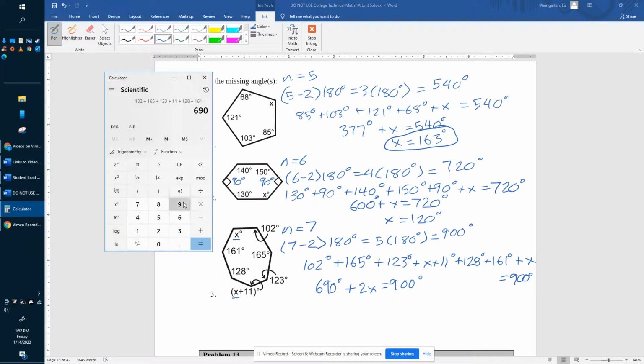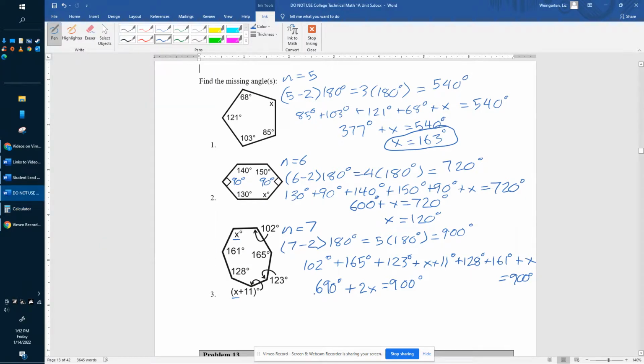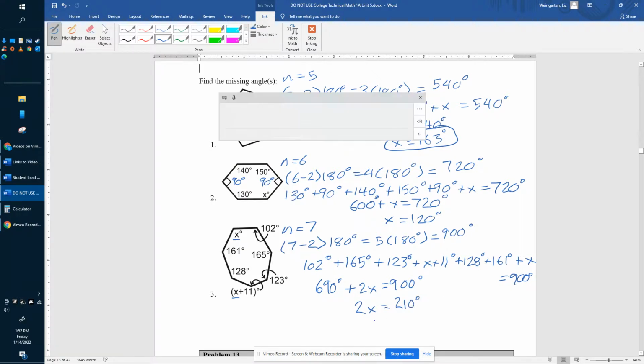So let's take 900, subtract 690, and we get 210 degrees. Divide both sides by 2, and we get x equal to 105 degrees.